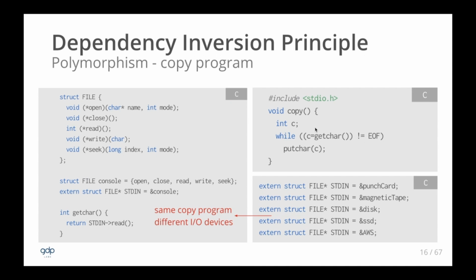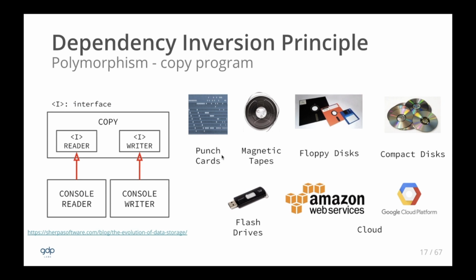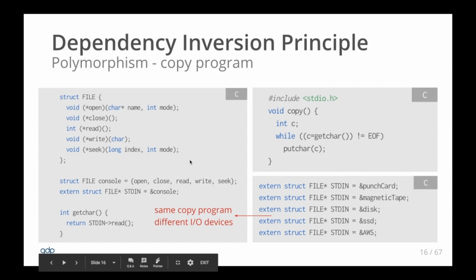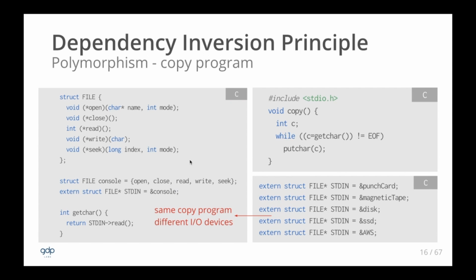Because we have learned that we need the same program, the same algorithm to run with different devices, be it punch cards, magnetic tapes, then floppy disks, compact disks, flash drives, and now the cloud. And you see, this source code was written in C, so the concept of dependency inversion has been there since the 1960s, even in a non-object-oriented programming language.